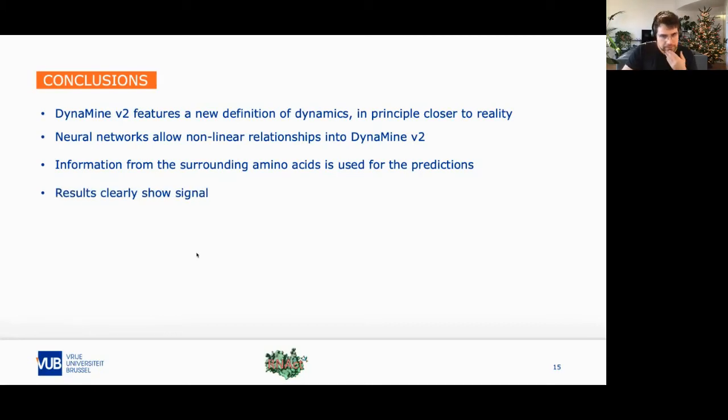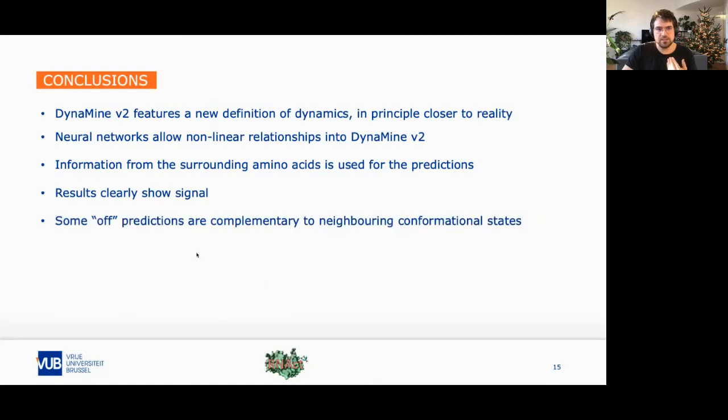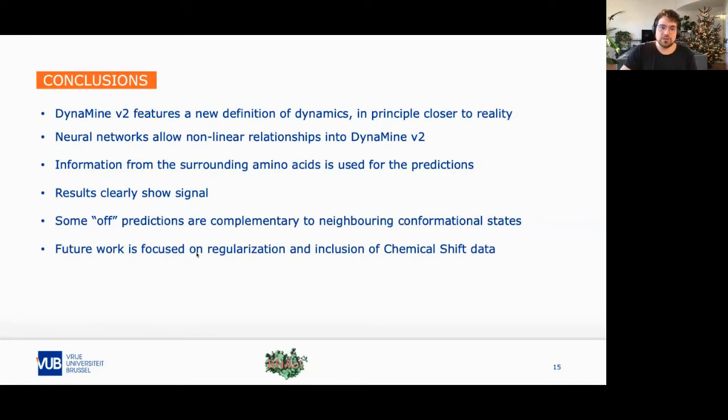And we have seen from the results that there's clearly a signal, although some of it is off. But it's interestingly off, because at least it goes to neighboring conformational states. And our future work is focused on really pushing regularization and inclusion of chemical shift data, which might actually regularize it.